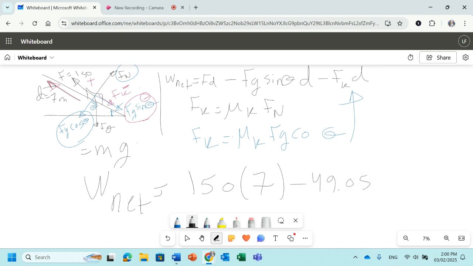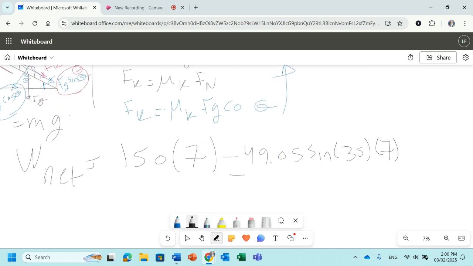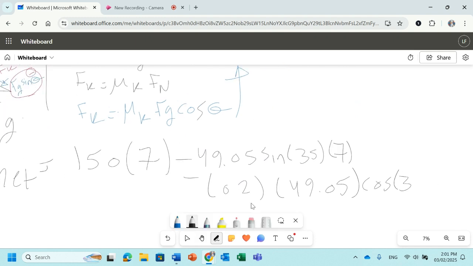This is the value of Fg. Sine 35 times displacement 7, minus mu k. Mu k is 0.2. Fg is 49.05, cosine 35 times the displacement 7.